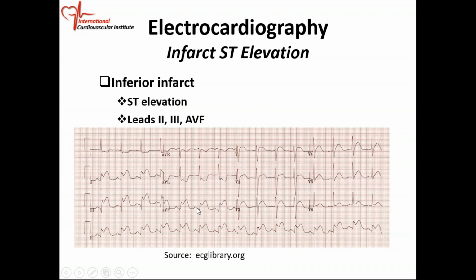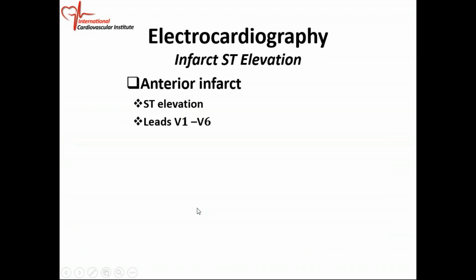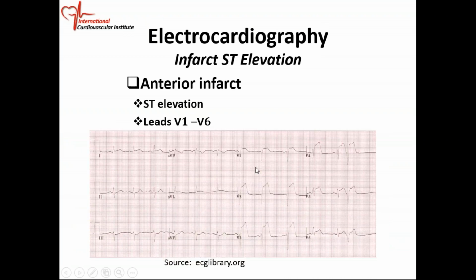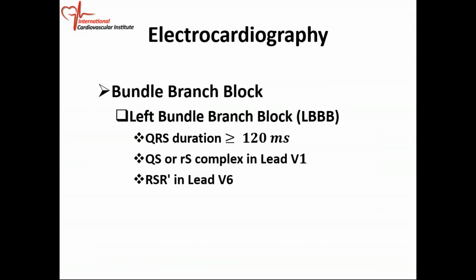These are the inferior leads. And then we talk about the anterior infarct, ST segment elevation in V1 through V3, or if you go all the way through V5 and V6, then that's a lateral lead, so the anterior lateral, where you have to have ST segment elevation of at least 1 millimeter in 2 or more contiguous leads, okay? So that's your anterior lateral STEMI.